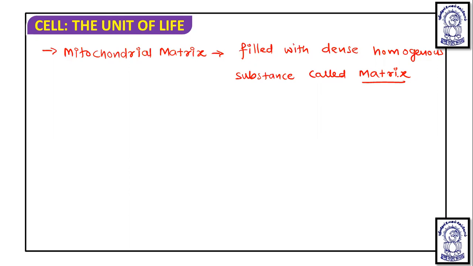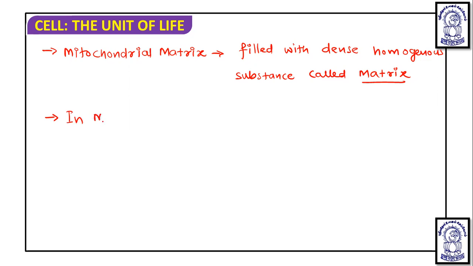Metabolically active mitochondria have more cristae, we remember, because cristae have F0 F1 particles which carry out ATP synthesis. So if it is a more metabolically active mitochondria, then there is more need of ATP.